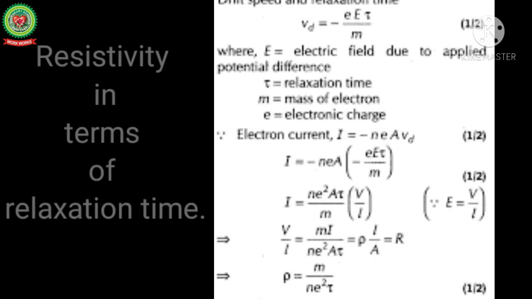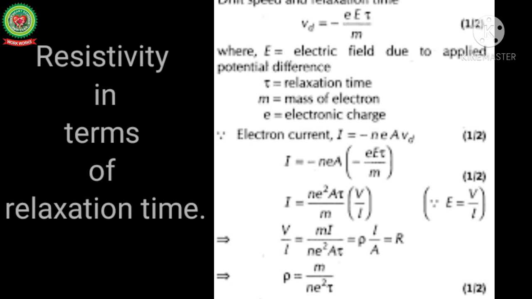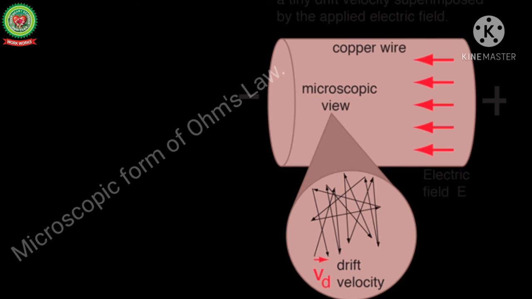Children, here rho is resistivity and please take care that while deriving we have no concern with the negative sign. The negative sign just tells us the charge on an electron. Now let's start with another article, microscopic form of Ohm's law.